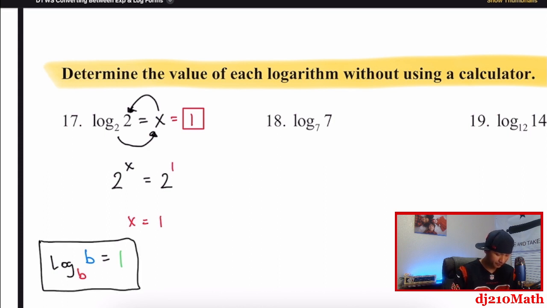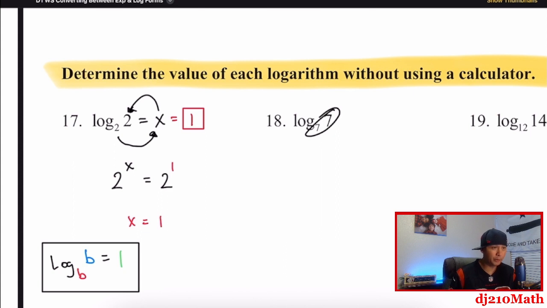Every time, when the base and the argument match. So again, look, the base and the argument match. Do we even need to go through all of this? I don't think so. The answer is 1. You can't have anything else. The base and argument have to match.